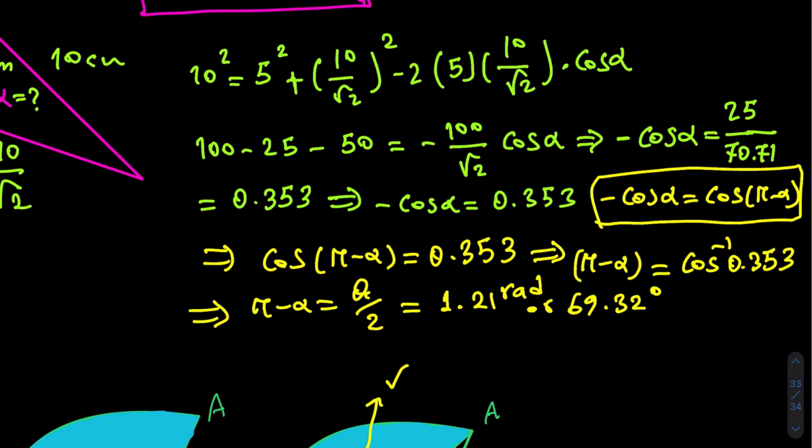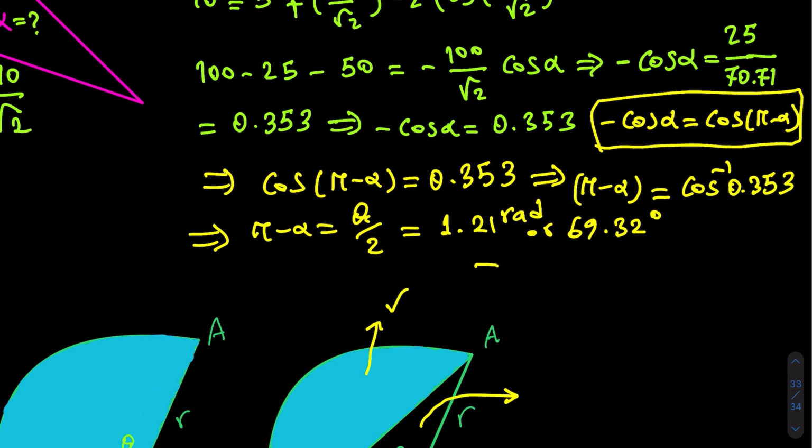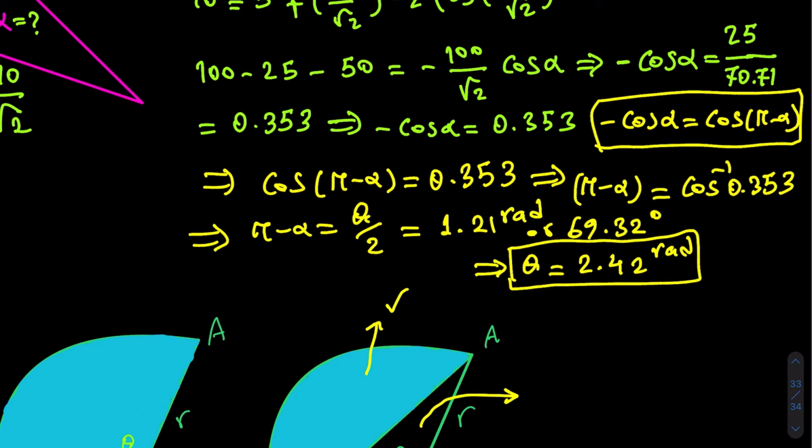But we want theta because we are going to calculate the area here. We want theta. Therefore, theta in radians is equal to 2 times this, which is equal to 2.42 radians, or 138.64 degrees.